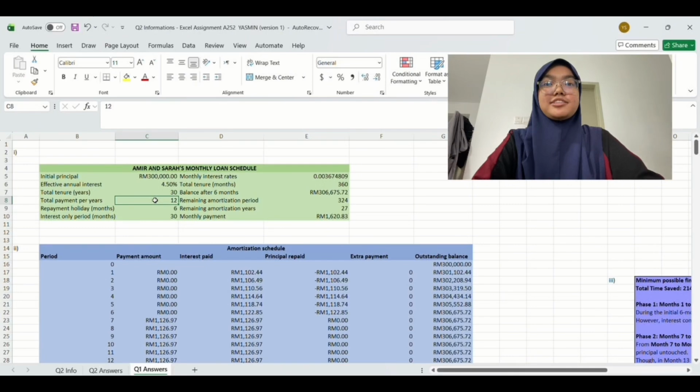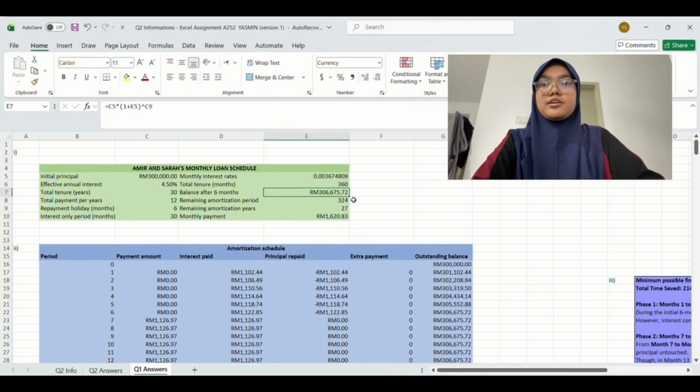Then the balance after 6 months is calculated using the formula: initial principal times 1 plus the monthly interest rate to the power of the repayment holiday.